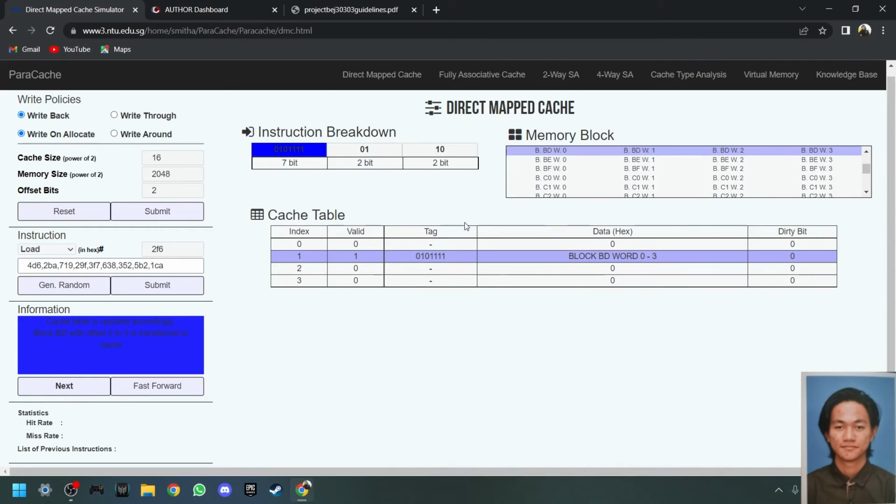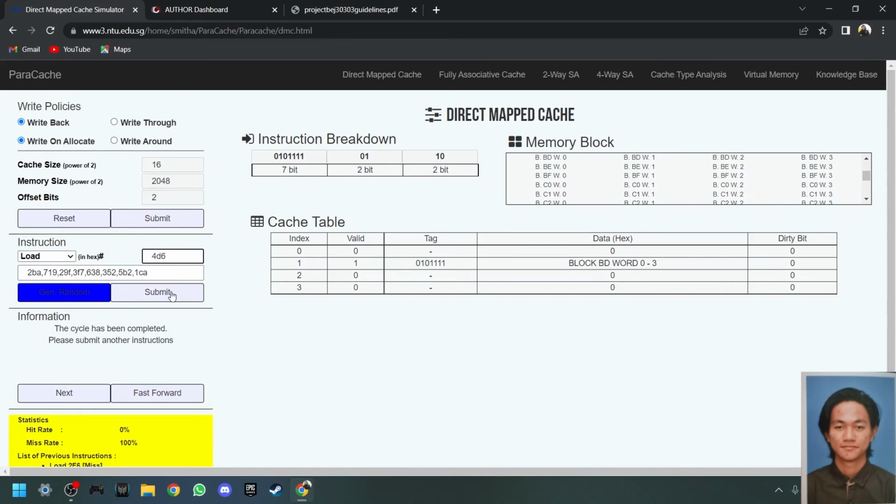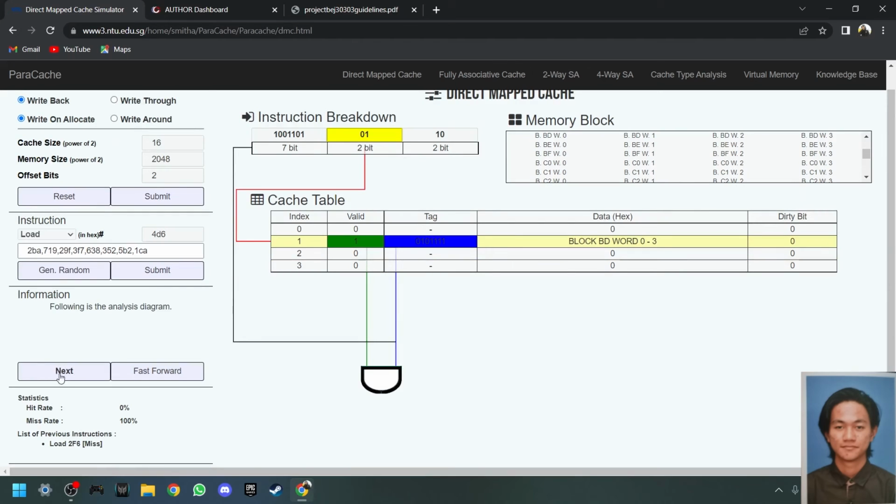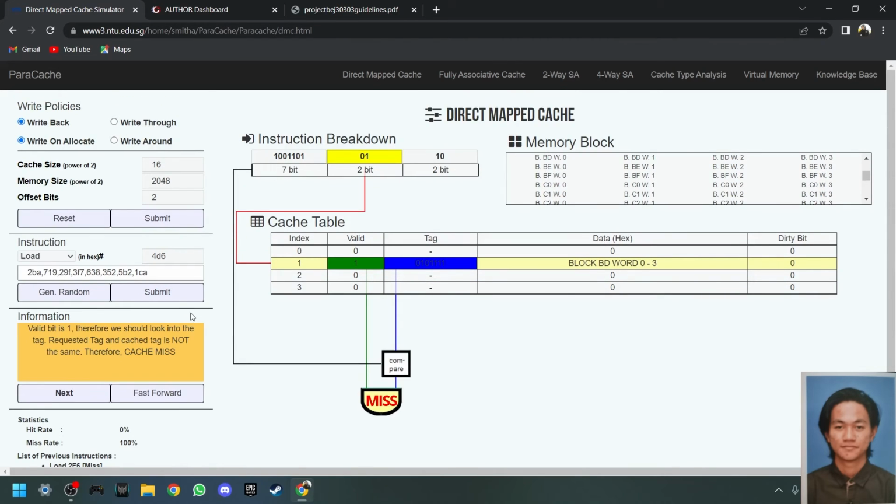Okay, it will update the tag because there is no 2F6 here, and in the cache table there's nothing there, so it will be stored there with the tag and the block. And then next is D6.